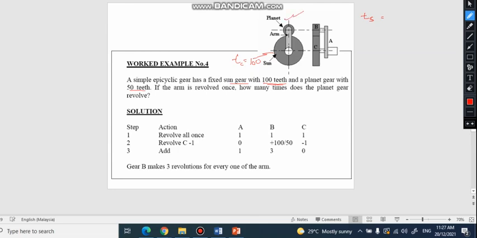So the planet gear is B, TB, which has 50 teeth. If the arm is revolved once, how many times does the planet gear revolve? There's a worked-out solution here, but let's go through it step by step. So make a table first.